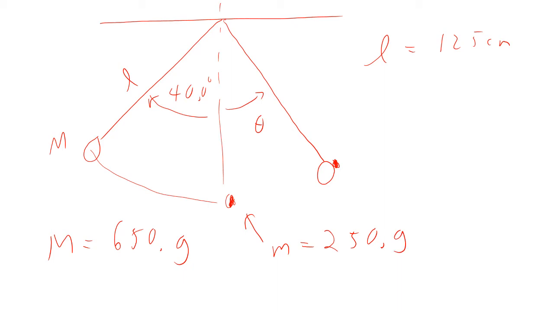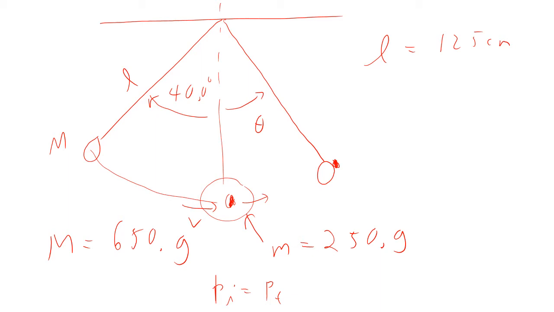Okay, so what's going on here? Well, we've got several problems happening. First of all, in the collision process down here, momentum before the collision equals momentum after the collision. But momentum is mass times velocity, so we need to know the velocity before the collision and the velocity after the collision.